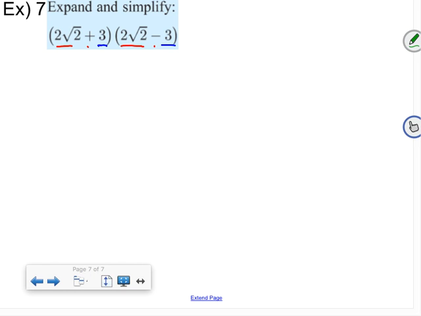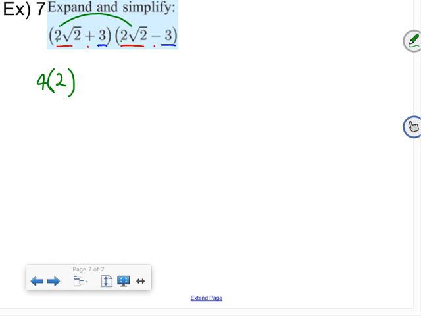Okay, so here I'm going to do 2 times the square root of 2 times 2 times the square root of 2. So I multiply my integers first, so I get 4, and square root of 2 times the square root of 2 is just going to be 2 because it's squared.